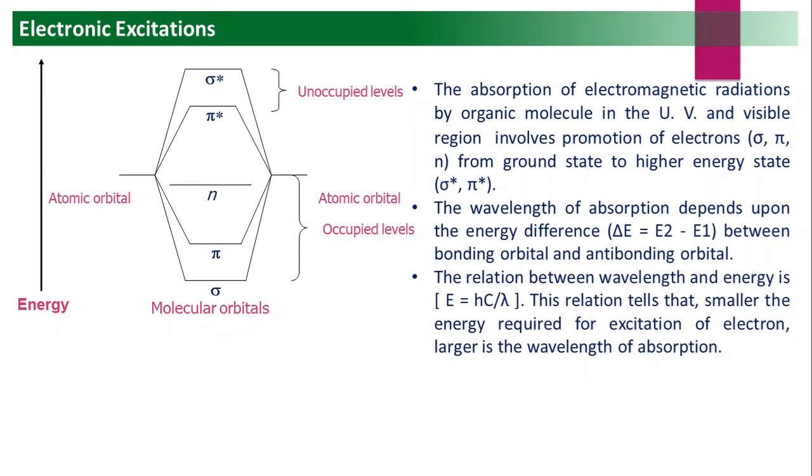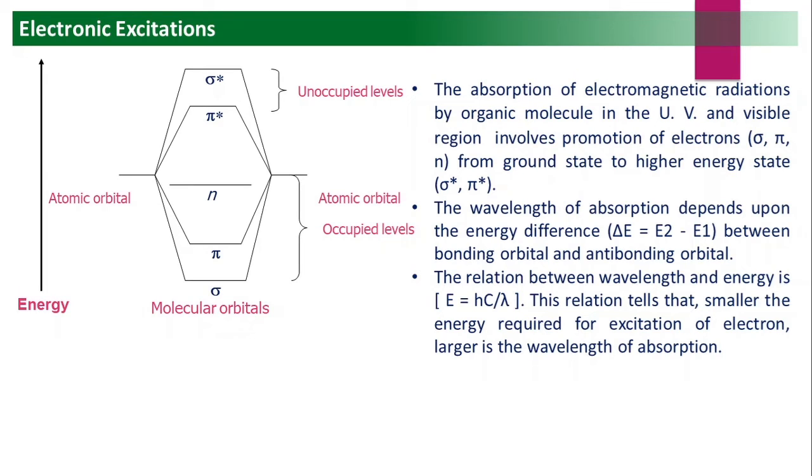The relation between wavelength and energy is E equals hc upon lambda. So energy is inversely proportional to lambda, that is, wavelength. This relation tells us that the smaller the energy required for excitation of the electrons, the larger is the wavelength of absorption.